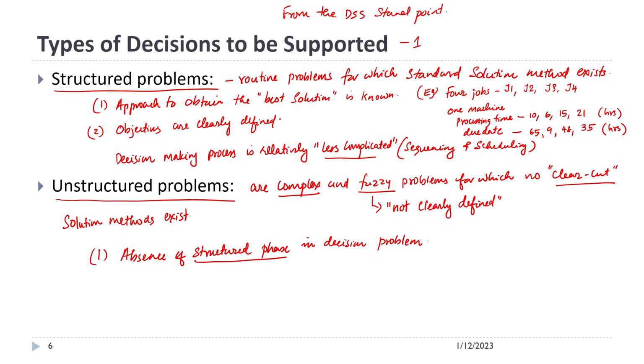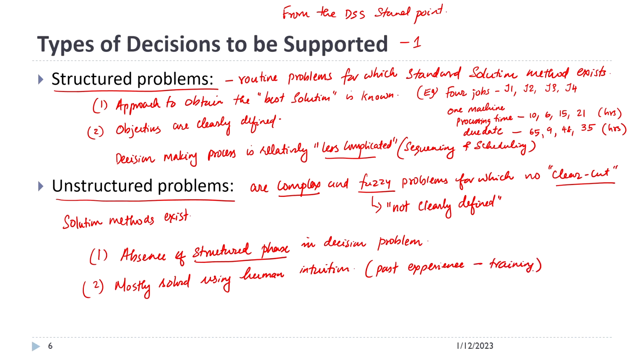And the second one is that they are mostly solved using human intuition. So, your decision maker's intuition, or what we call past experience, or maybe training, etc. These all come in handy when you try to solve these kinds of unstructured problems.